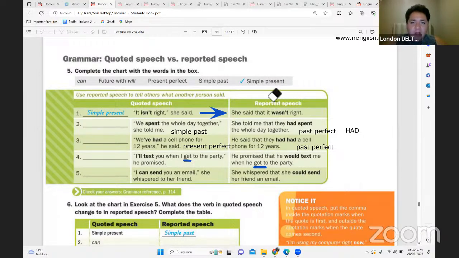Okay. Now, I will tell you one sentence, you make it backshift. Les voy a escribir aquí a cada uno de ustedes una oración y escríbanme cómo sería con reported speech. Okay. There you go.